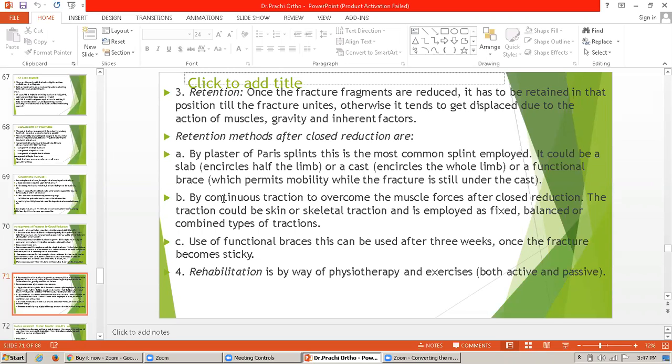The second is continuous traction to overcome the muscle forces after closed reduction. The traction could be skin or skeletal traction and is employed as fixed, balanced or combined type of traction.